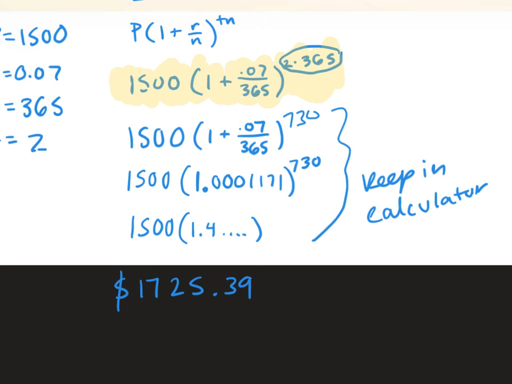Just make sure you write down the formula, and then if you put it in your calculator right off the bat, write your answer. I just want to see your formula, everything plugged in, and your answer. If you can keep it on your calculator, you don't have to write anything down. Just make sure you write down your formula.